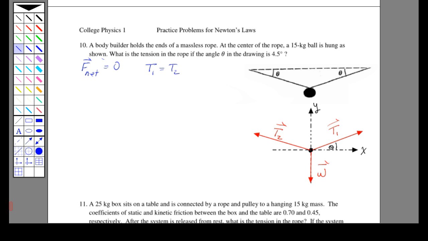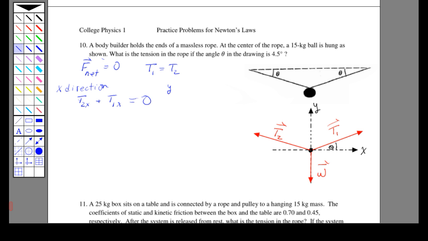In the x direction, we have the x component of T2 and the x component of T1. Since this is in static equilibrium, these components should equal 0. Note that there's no x component for the weight.